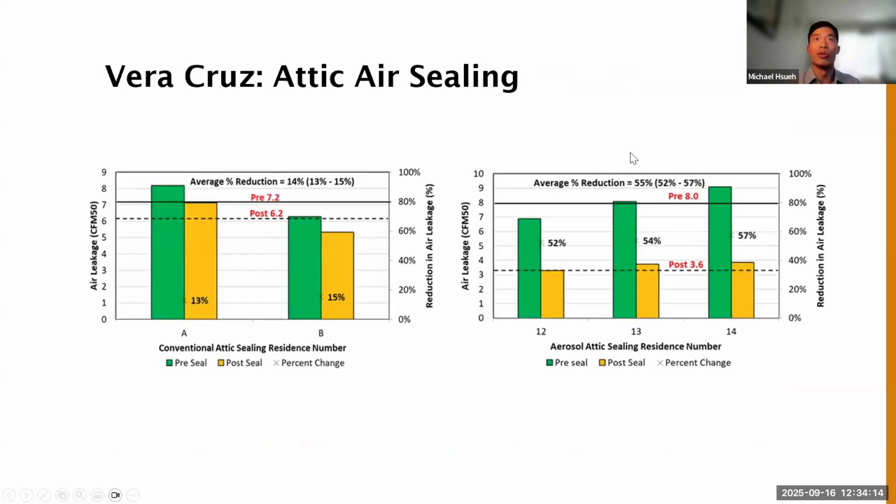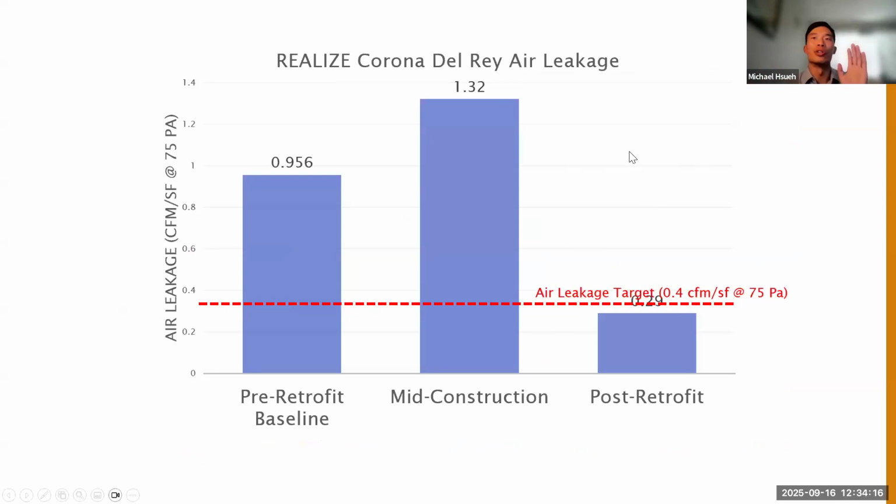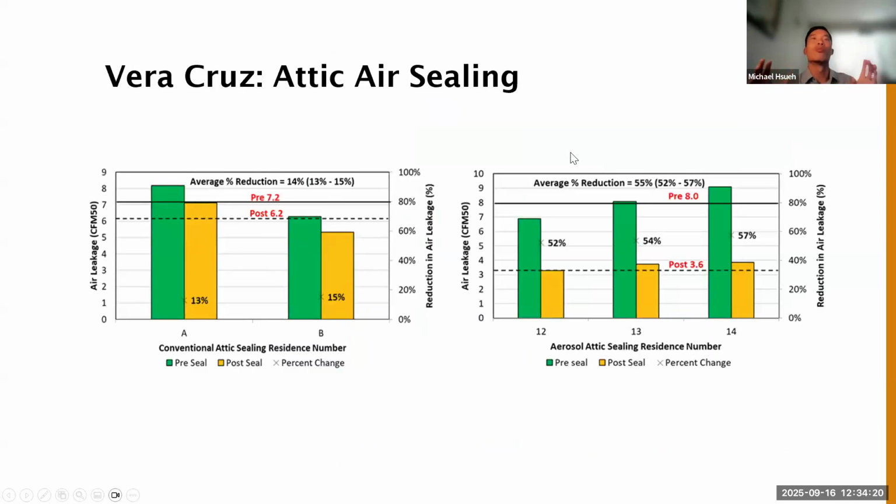Air leakage. I'll actually go to Corona first, because I was actually talking about Vera Cruz. This is the one where I was talking about that aero barrier approach, where we aerosolized inside the attic space and then drew down and compared that to a more conventional manually applied sealant approach.